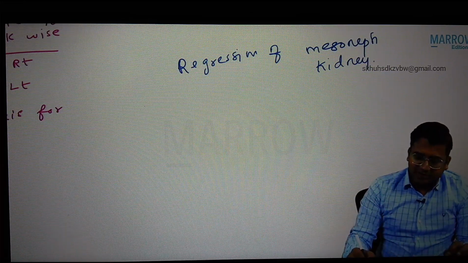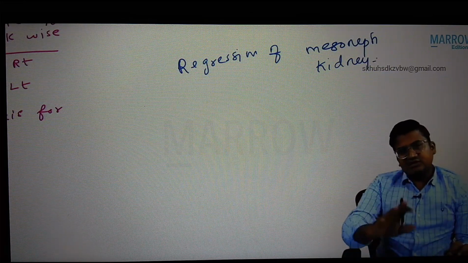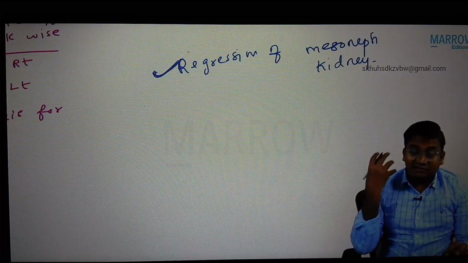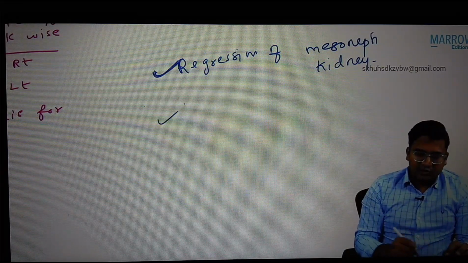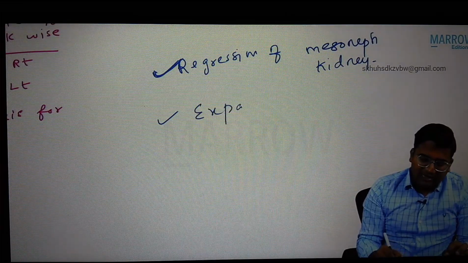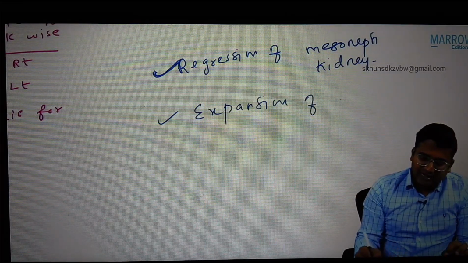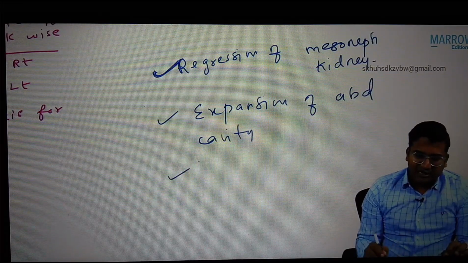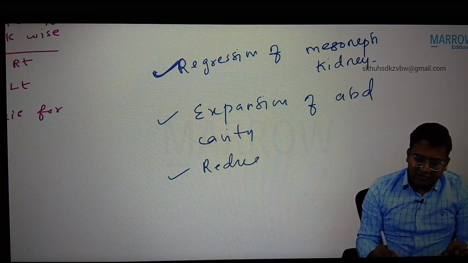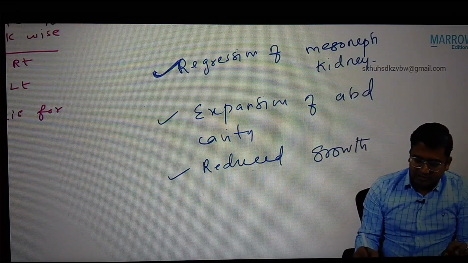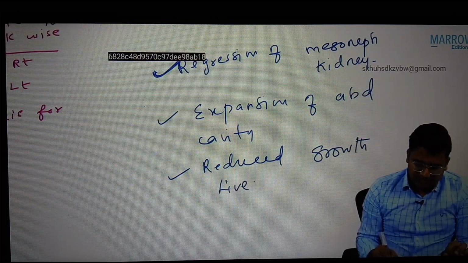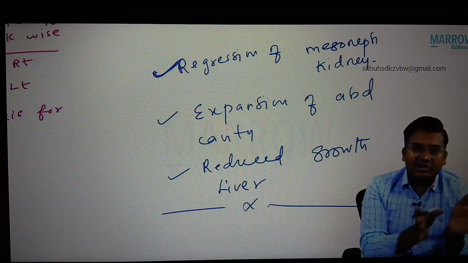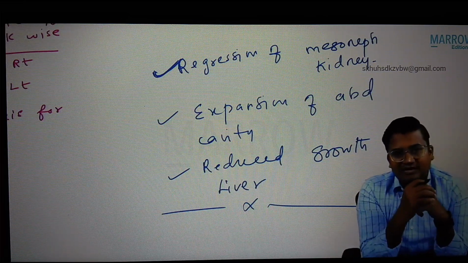This mesonephric part of the kidney will regress, and is in turn replaced by metanephros. Now the regression of the mesonephric kidney will create the space. Number 2, expansion of the abdominal cavity. And number 3, reduced growth of liver. Now these 3 factors facilitate the entry of midgut loop into the abdominal cavity.